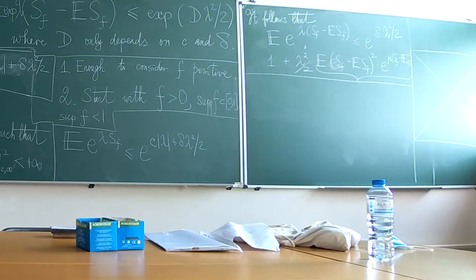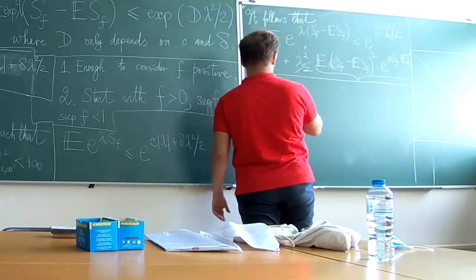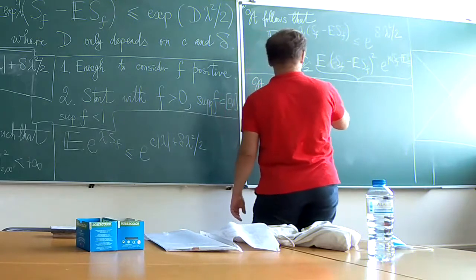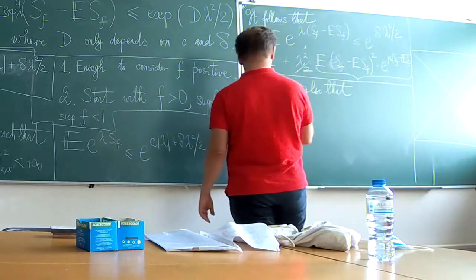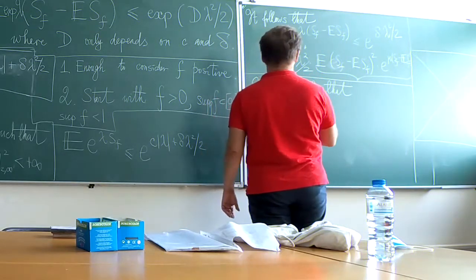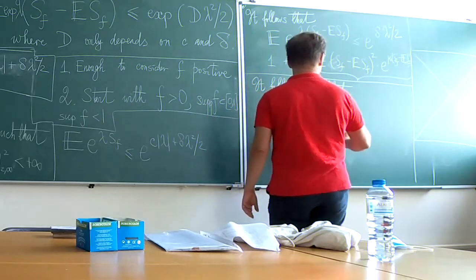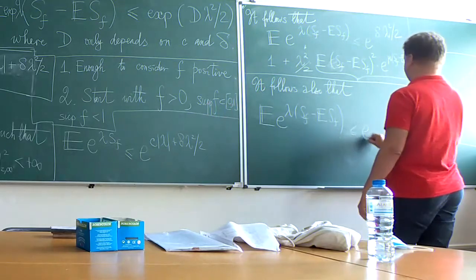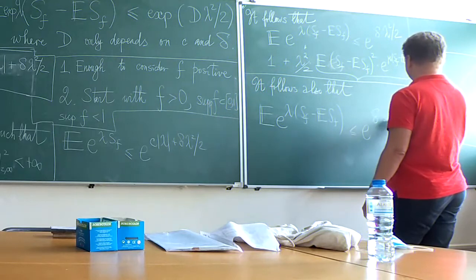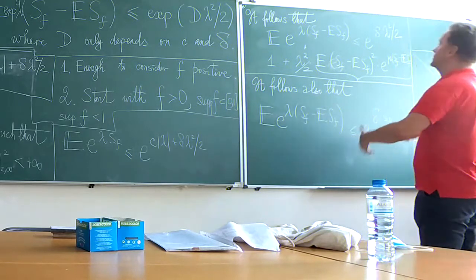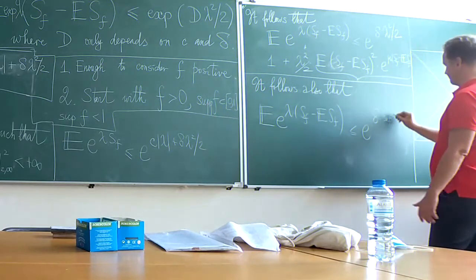Now, of course, here we see the supremum of f is less than 1. It follows also that delta supremum f squared, because lambda is squared.